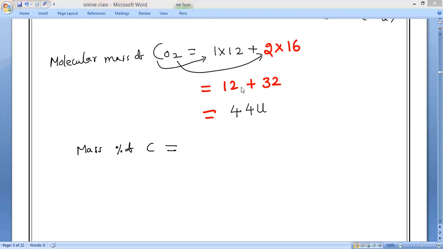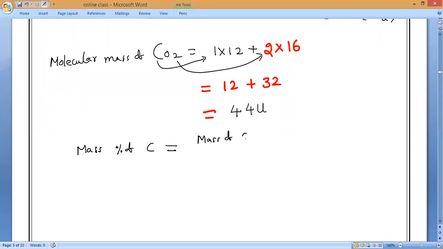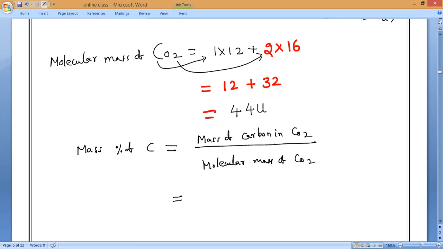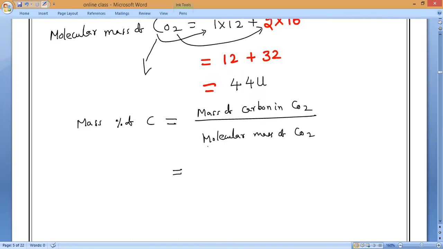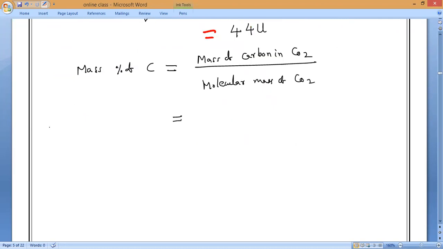Mass percentage of carbon equals mass of carbon in carbon dioxide divided by the molecular mass of CO2, into 100. Observe carefully: the atomic mass of carbon is 12, and the atomic mass of oxygen is 16, which you have to remember.